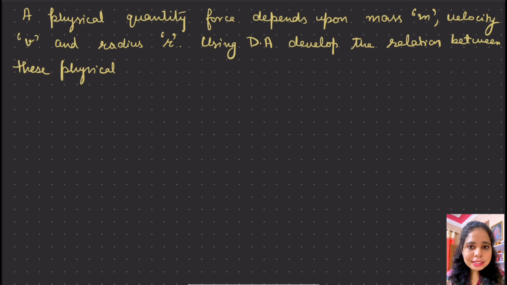Again, we will discuss this example so that you must be able to learn thoroughly how to apply dimensional analysis in order to develop the relation between two or more physical quantities.